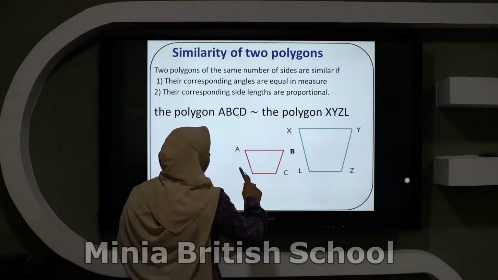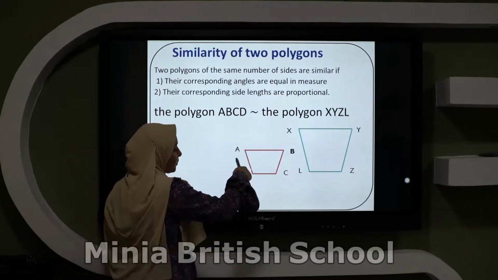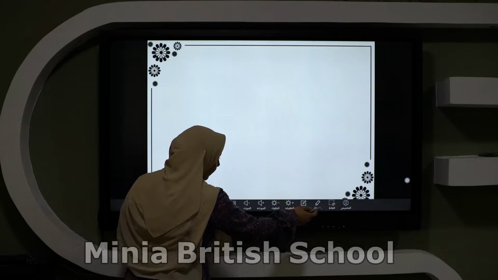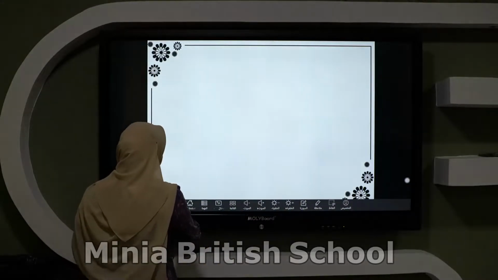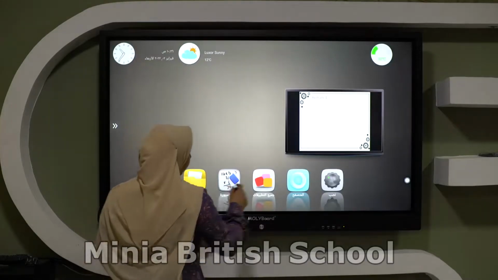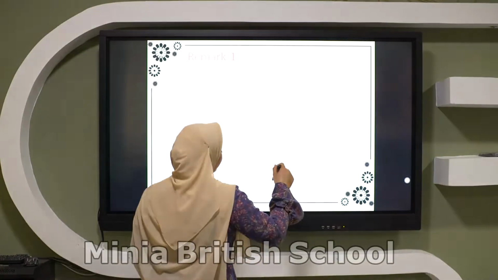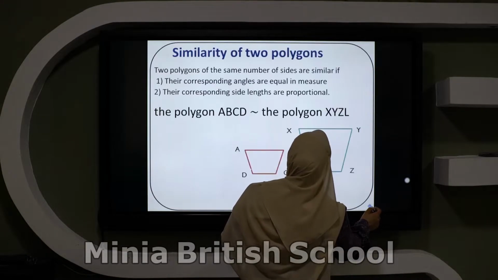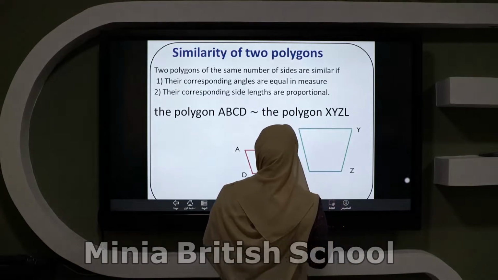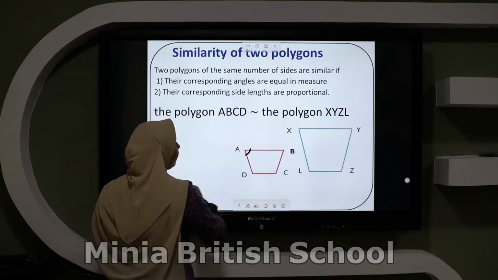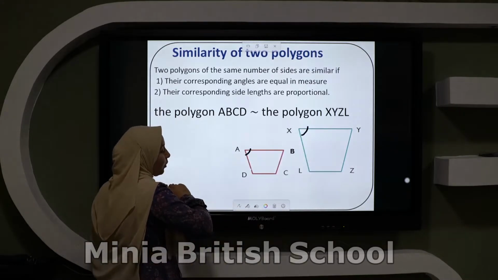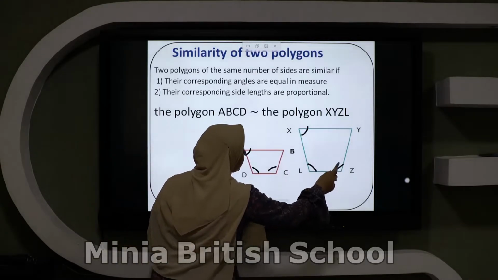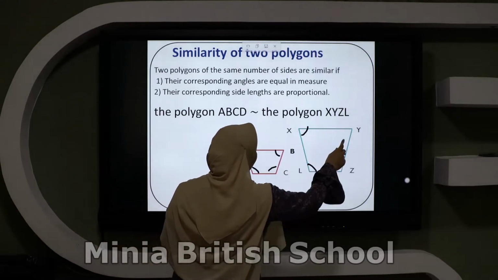The corresponding angle for angle A is angle X, and the corresponding angle for angle D is angle L. The corresponding angle for angle C is angle Z, and the corresponding angle for angle B is angle Y.